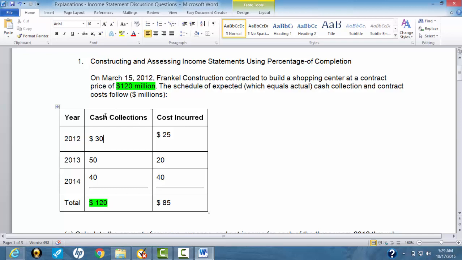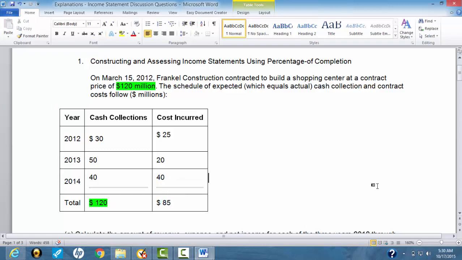Now the question also shows that cash collections over the 3-year period are 30, 50, and 40, and the total is $120 million, which is the total revenues. We are also provided with the cost information for the 3-year period: $25 million for 2012, $20 million for 2013, and $40 million for 2014, giving us a total construction cost of $85 million.